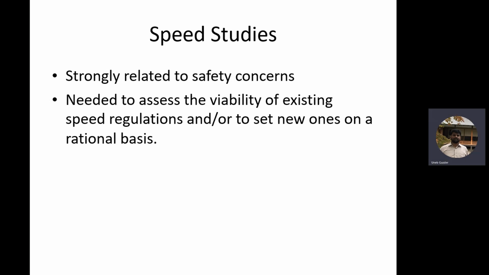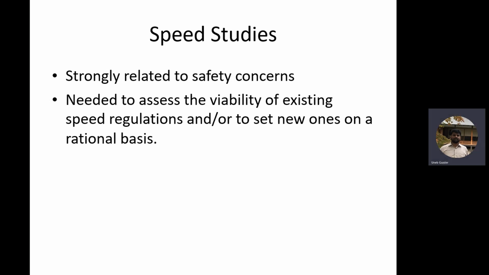So whenever we have accident problems somewhere, the first thing we look for is what was the speed of the road, what was the speed of the drivers, and so on. We do speed studies. Okay, and speed is related to safety in two ways. Maybe the design is not suitable for the speed, so that is causing accidents.